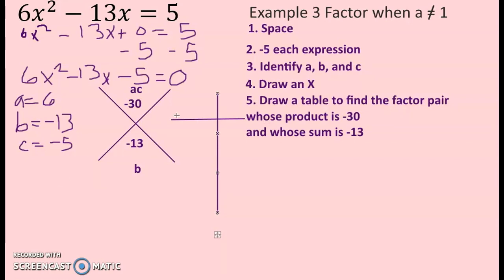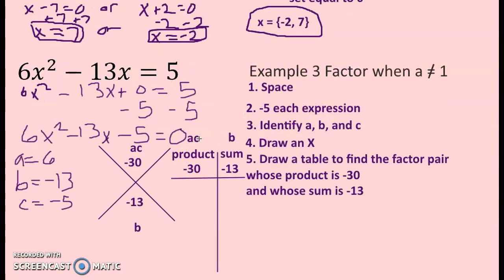We write all the factor pairs of negative 30, and it needs to have a sum of negative 13. Our AC product is negative 30.